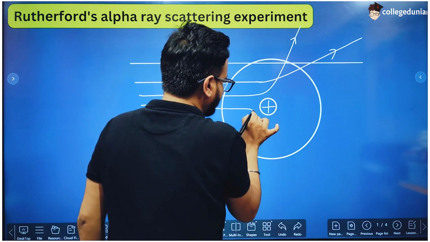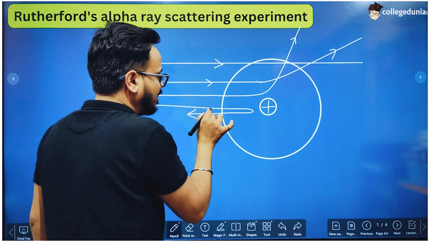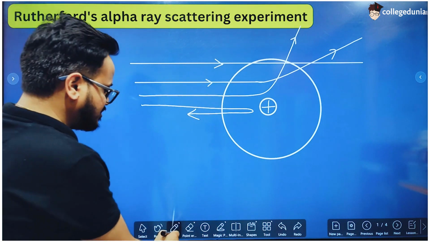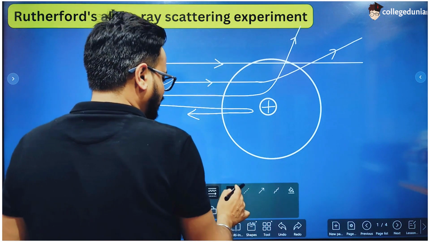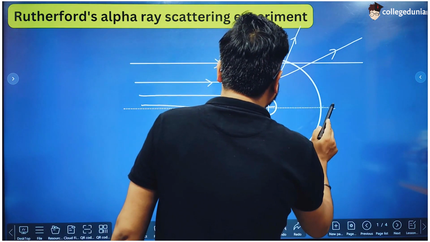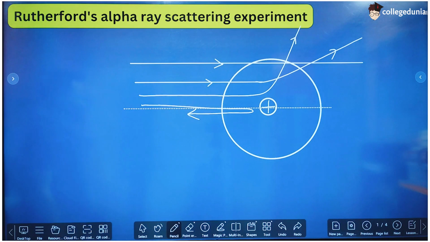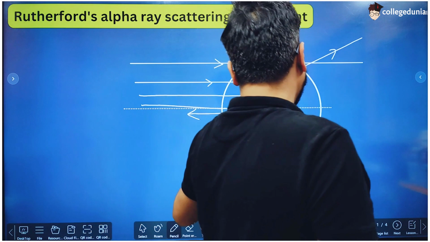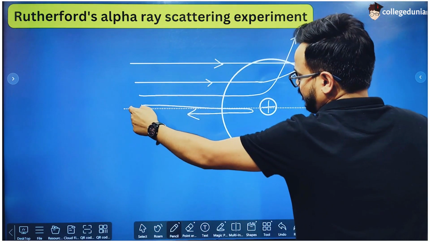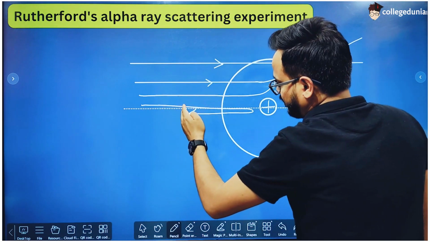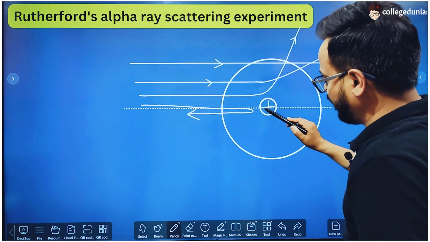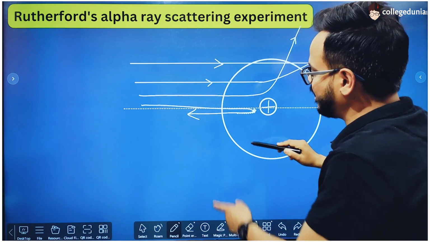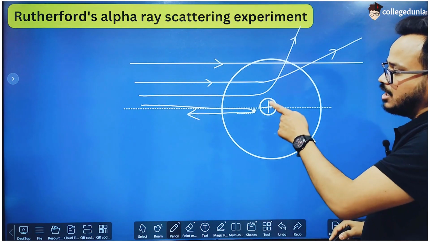Now this particle will be deflected by an angle of 180 degrees, because it is coming along the central line of the nucleus, so it will experience maximum repulsion, and the repulsion is very high. When it is coming towards the nucleus, its kinetic energy will decrease, and finally the kinetic energy of this alpha particle will become zero, and it will retrace its path and go back along the same line, right?